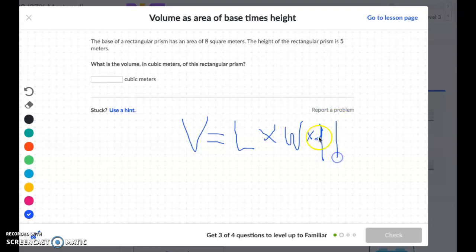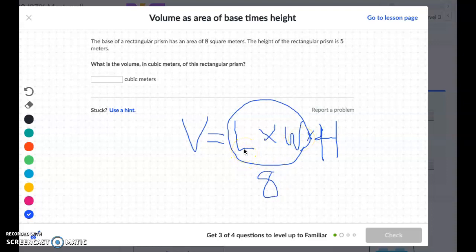Okay, and they told me that the base of a rectangular prism, they told me that the area is 8. Well, they actually helped us out here because area is length times width. So they told me that if I did length times width, I would get 8. So they figured this part out for me.